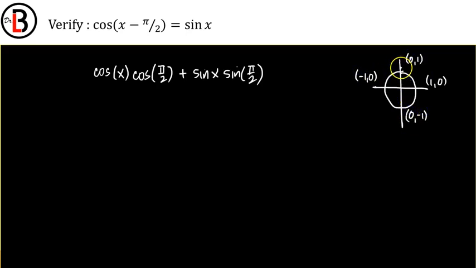So pi over 2 is the 90 degrees. Take note that for cosine, we look at the x. For sine, you look at the y value. So in this case, this one is actually equal to 0. This one is equal to 1. Therefore, the final answer that you have is actually sine of x, which is what you're trying to verify.